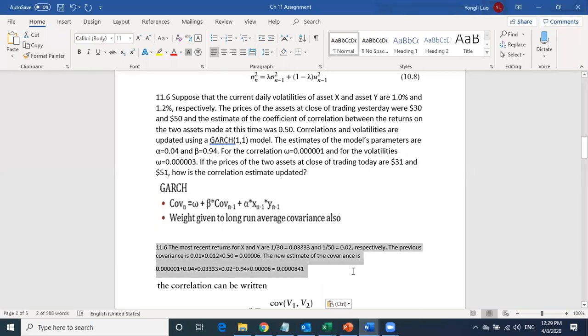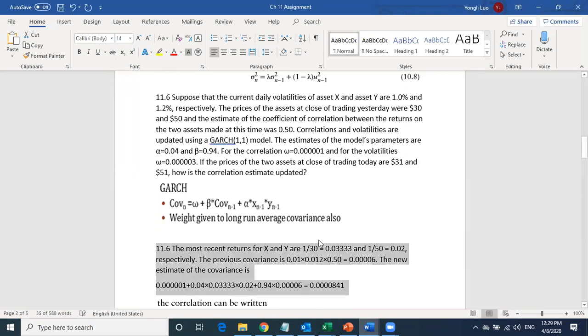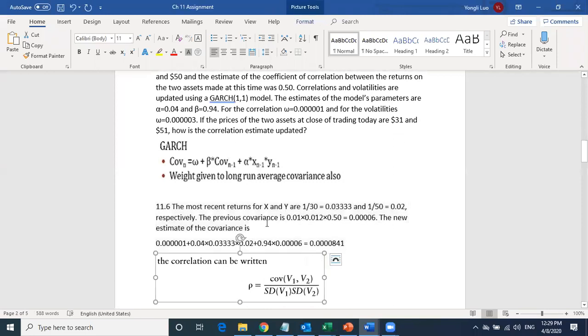I want to make this bigger. Based on this formula, you get 0.0006 as your numerator.